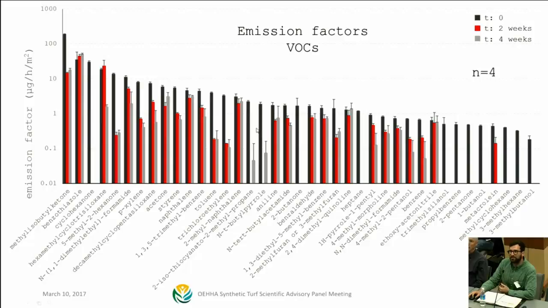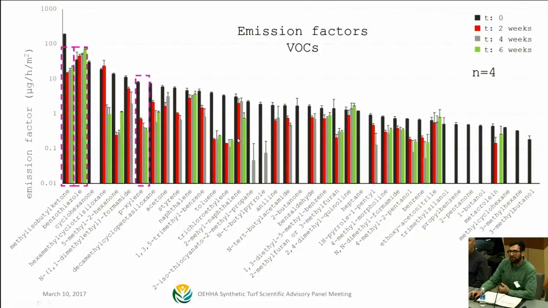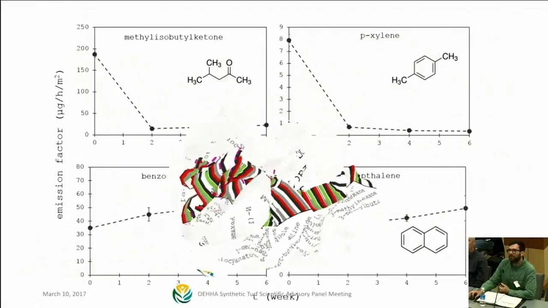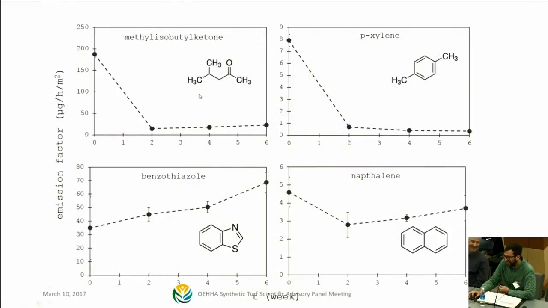This is 4 weeks. Similar pattern here, benzothiazole is still constant. And 6 weeks. Now, if we focus our attention on, let's say, four chemicals here: methyl isobutyl ketone, p-xylene, benzothiazole, and naphthalene, we see that for the first two chemicals, the emission factor decreases really rapidly after 2 weeks.